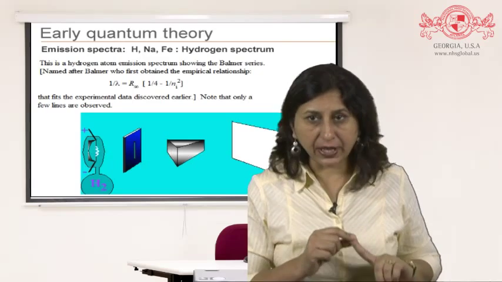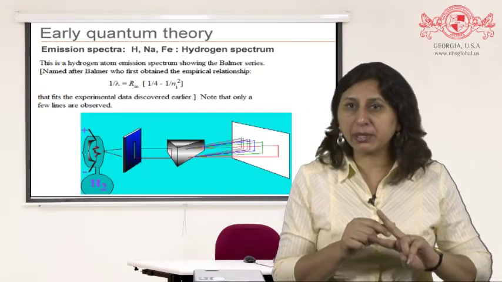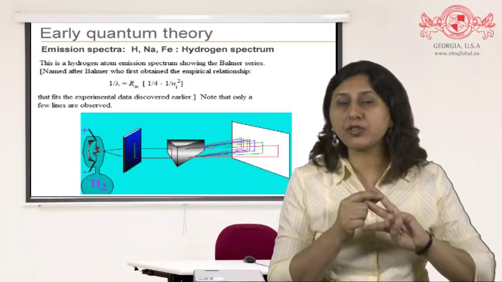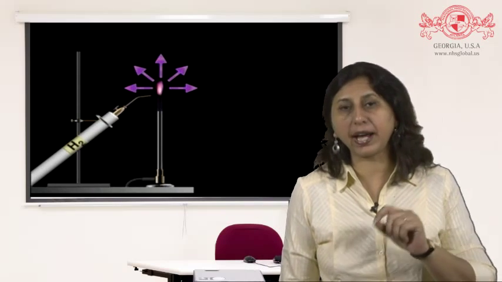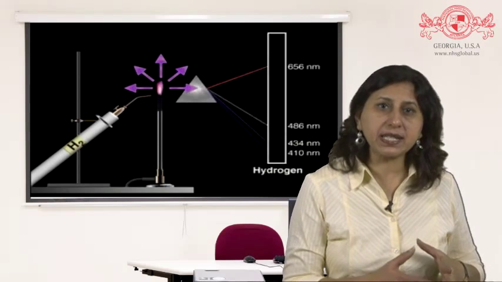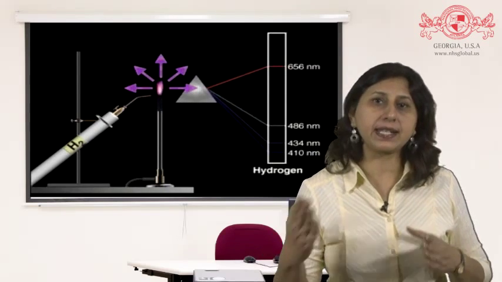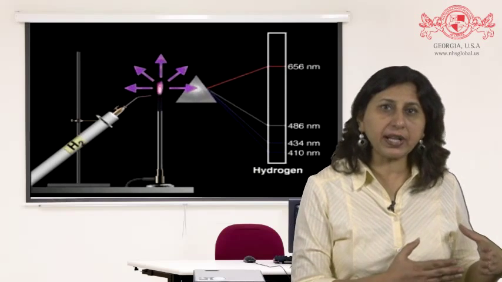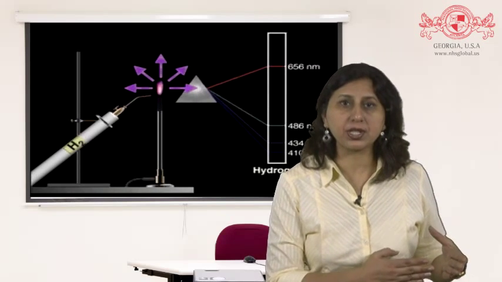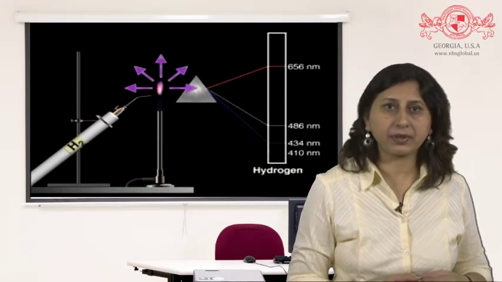One in the infrared region, one in the visible region, and one in the ultraviolet region. The ultraviolet series involves transitions to the first energy level, n = 1, of the hydrogen atom. The visible series involves transitions to the second energy level, n = 2, and the infrared series involves transitions to the third energy level.